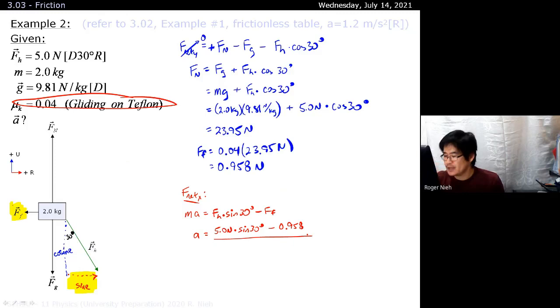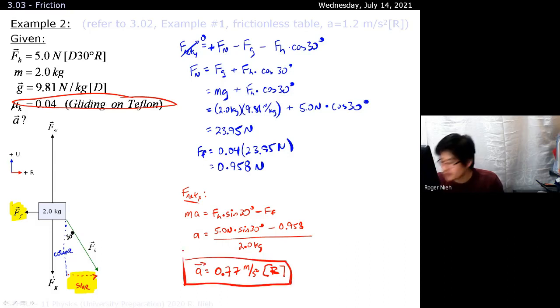So our net force horizontally has now been cut almost in half. And our mass is 2 kilograms. Go through that calculation: 2.5 subtract 0.958 in the numerator divided by 2 kilograms will give us a final acceleration of 0.77 meters per second squared. Let's vectorize everything. We know it's going to move towards the right, and there is our corresponding vector answer.